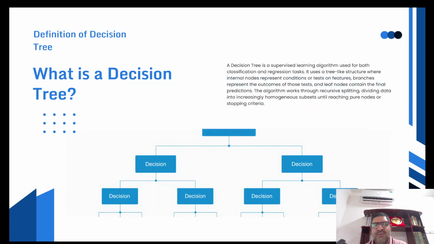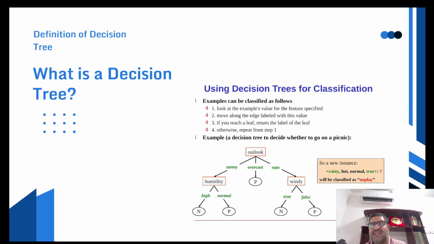So that is exactly what was stated here, that leaf nodes contain the final prediction. They are giving us the exact idea of the decision which is there.